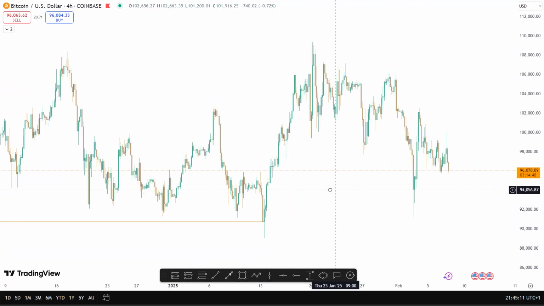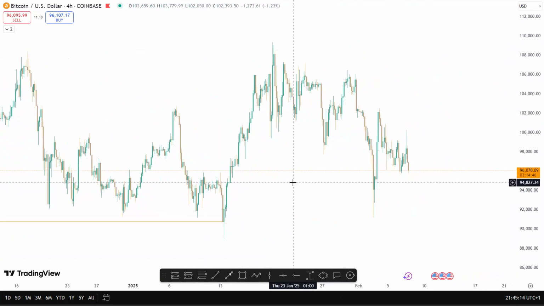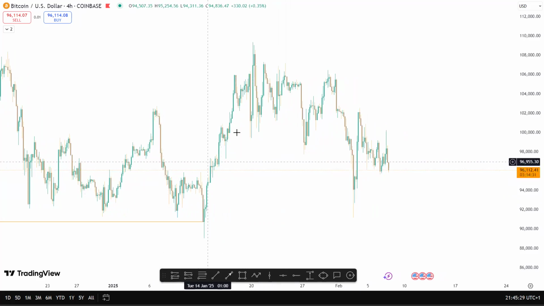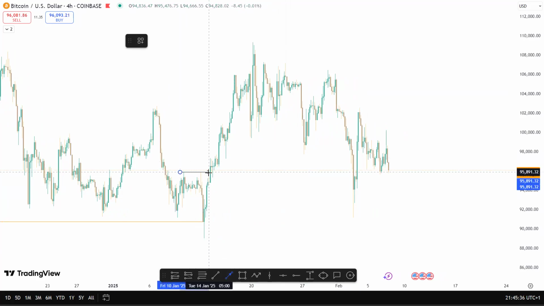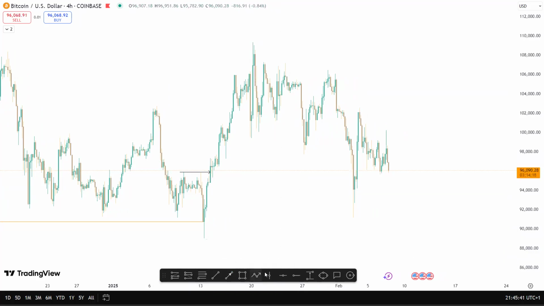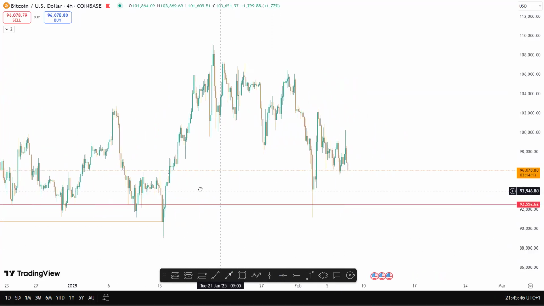So I looked for a break of structure because, like I said, my aim only is to be bullish in BTC USD. So I looked for a recent break of structure to the upside, which is this. And then there is this order block here, this small candle.